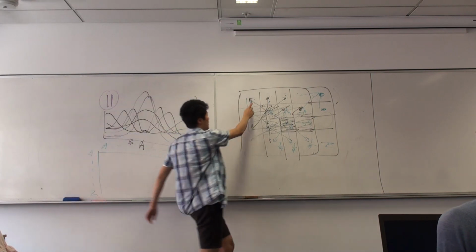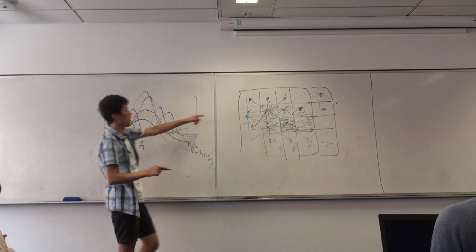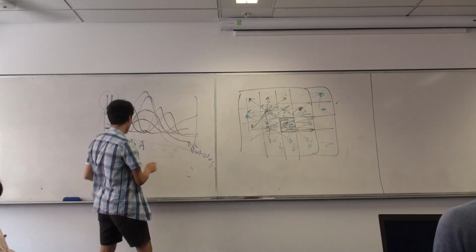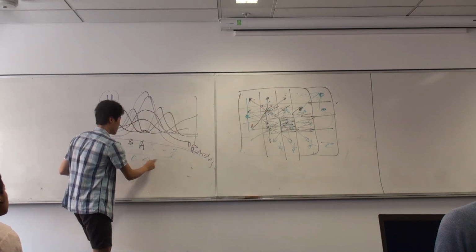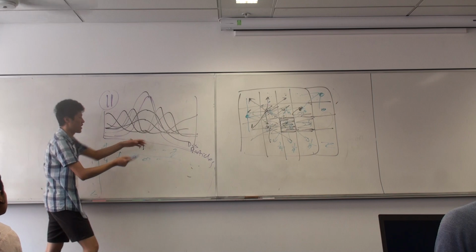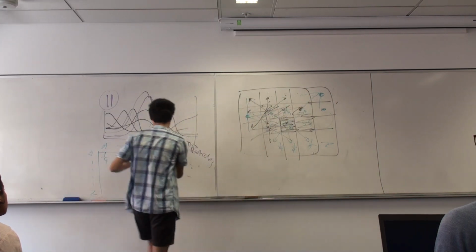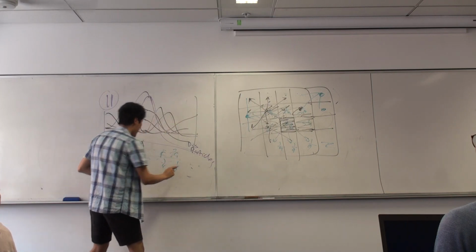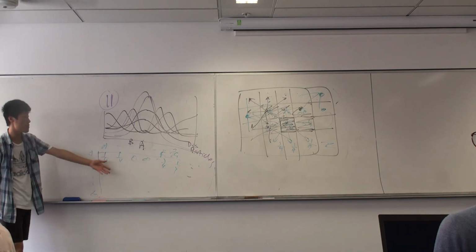A to A will be 1/4. A to B will also be 1/4. A to C is 0, you can't move from here to here. Then 0, 0, 0. Oh, sorry, don't forget D, E, F. If there's an F, it's 1/4, and G is also 1/4. Anyway, you can see you have to fill this big fat matrix up, and this is a transition matrix.